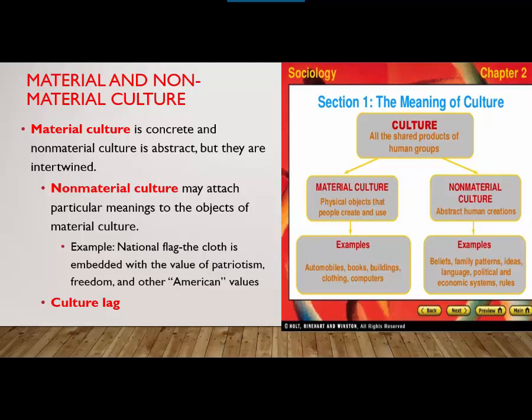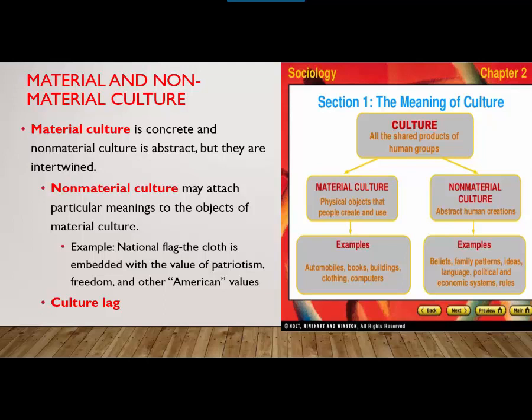Everything from our food to our clothes to our buildings to our technology that we use, all of that is material culture. Non-material culture is the abstract, non-physical human creations. This would be language, gestures, attitudes, beliefs, values, behaviors. All of those things make up non-material culture.